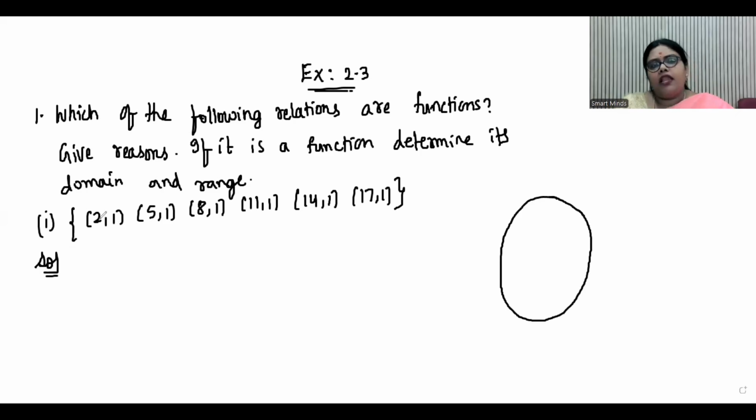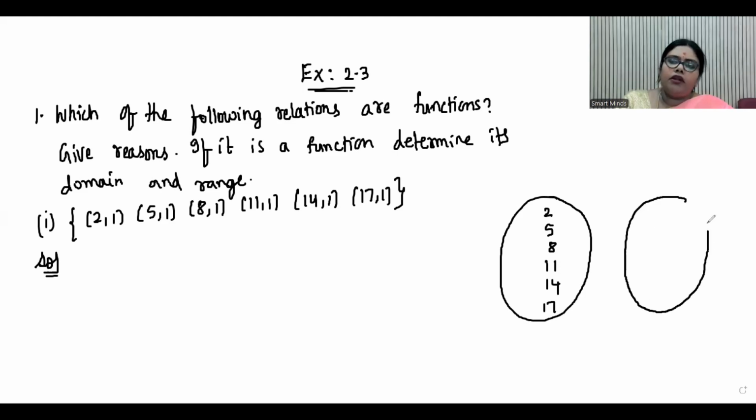The first element of each pair is to be written in the first set, that is 2, 5, 8, 11, 14, 17. And the second element of every pair is 1 only. So there is only 1 here.